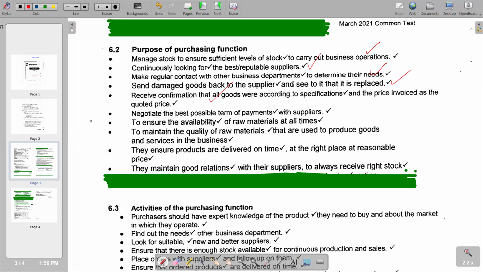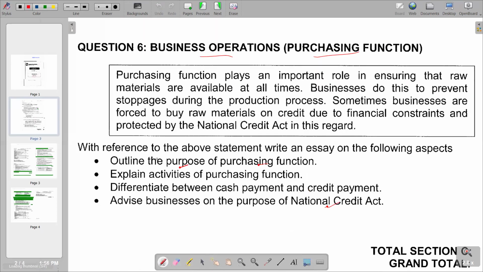We have other points also that support the purposes of the purchasing function that we can also include in our answer section. We go to the next part of the question, which is explain the activities of the purchasing function. The purchasing function is involved in different activities.